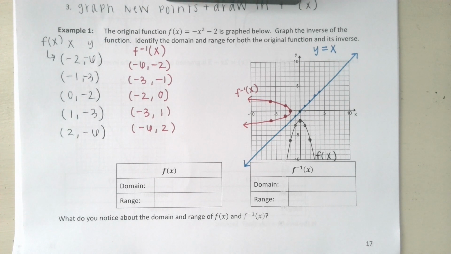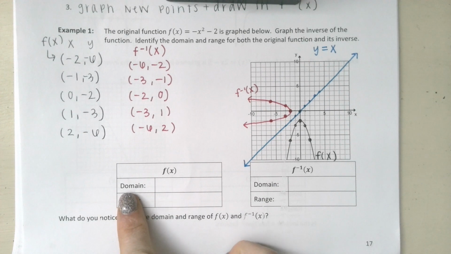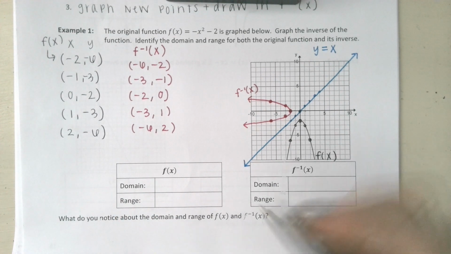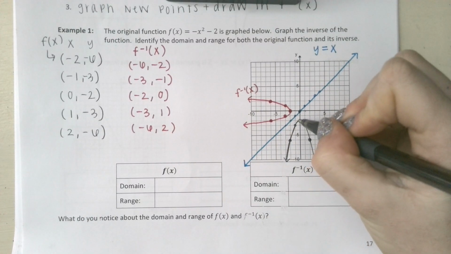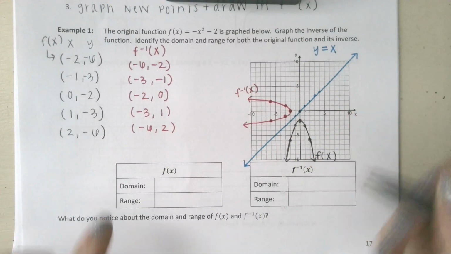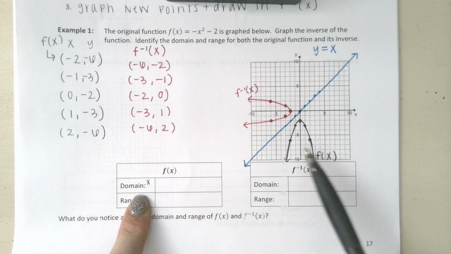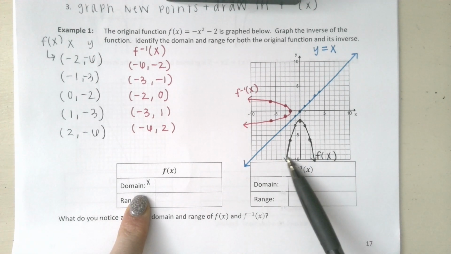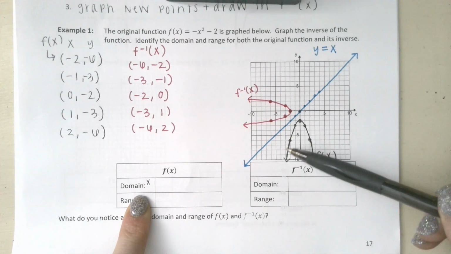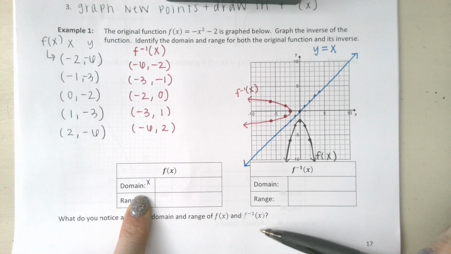Once we have that inverse graphed, we're then going to look at both functions and write the domain and the range. So looking at f of x, that was this graph that was given to us here. Domain means I'm looking at my x's. Now as I look at this function, it looks like it's just stopping here on the left-hand side, but technically this is going to continue on and on forever to the left.